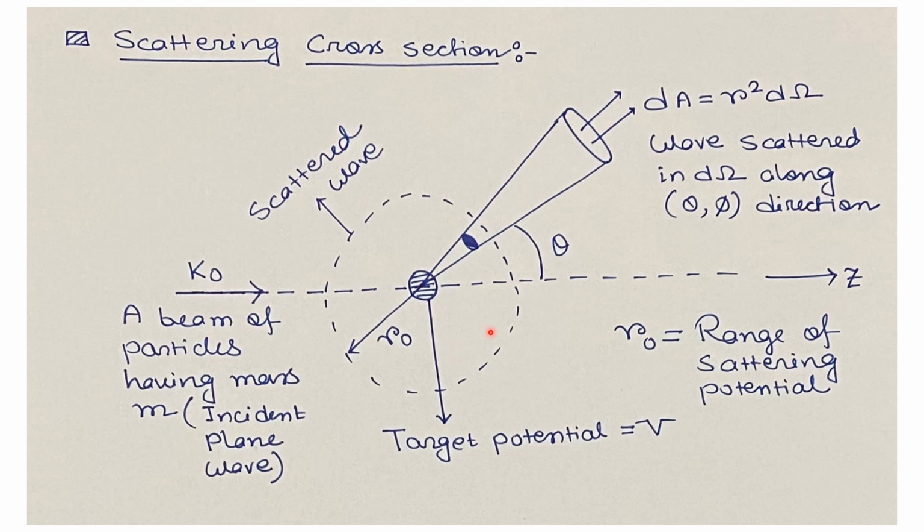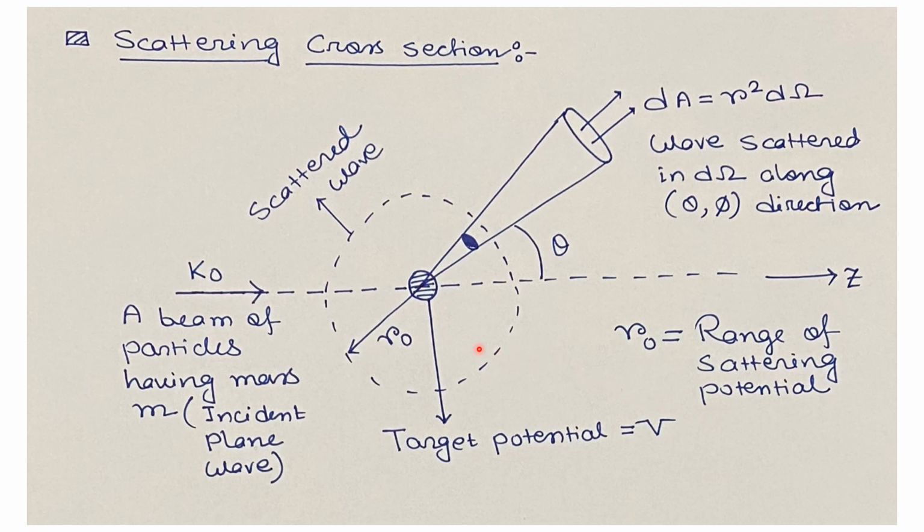Now the range of the scattering force will be effective up to a distance r0. So this effect of the scattering potential will remain in the sphere having radius r0, where r0 is known as the range of the scattering potential.